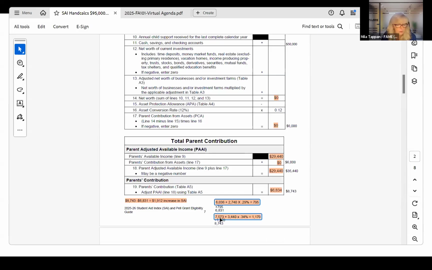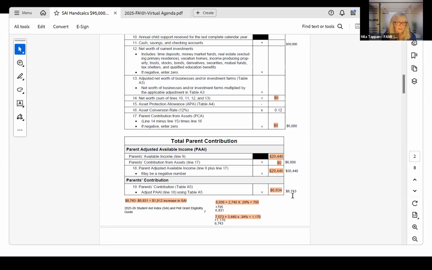So just to jump forward for a moment, that wacky formula with the higher amount of adjusted available income translates to an SAI of 8,743. Okay. So what happened was this family had $50,000 in savings, yet the SAI on the parent side increased by less than $2,000, only increased by $1,912.